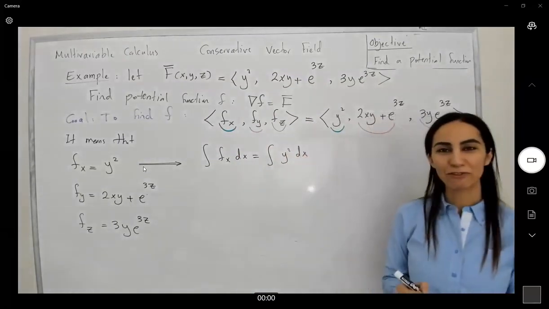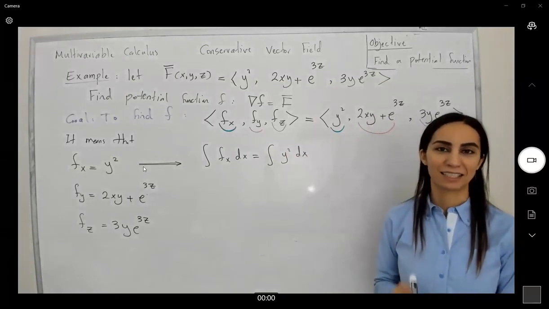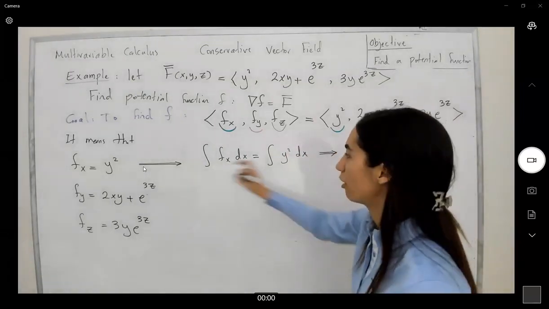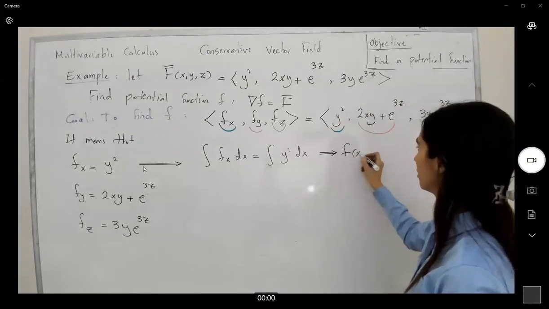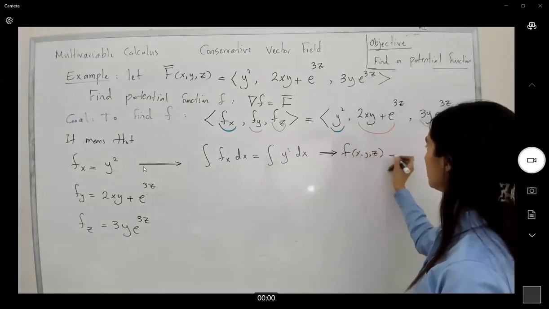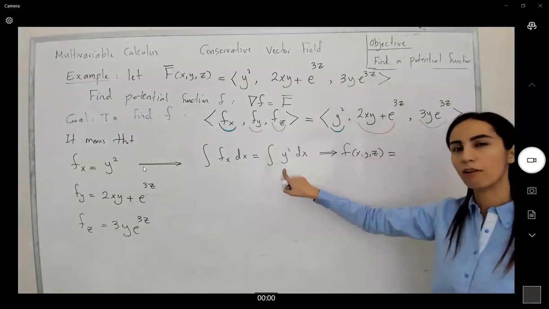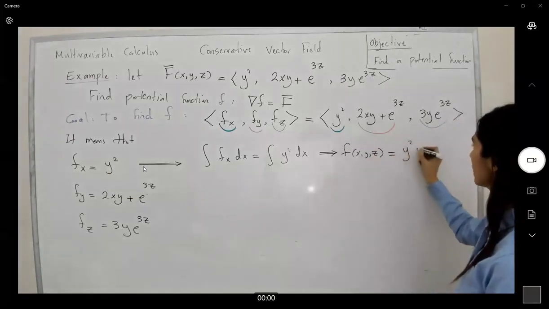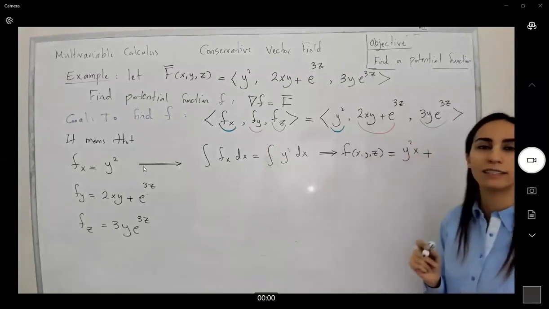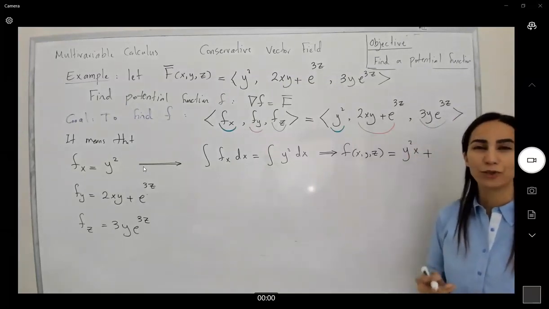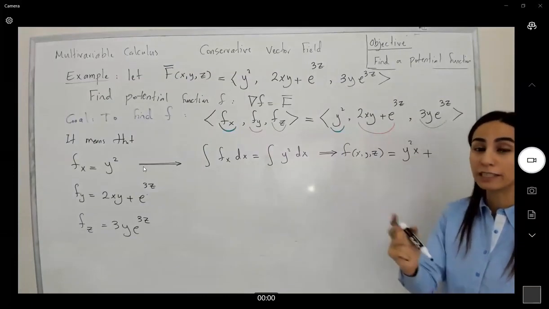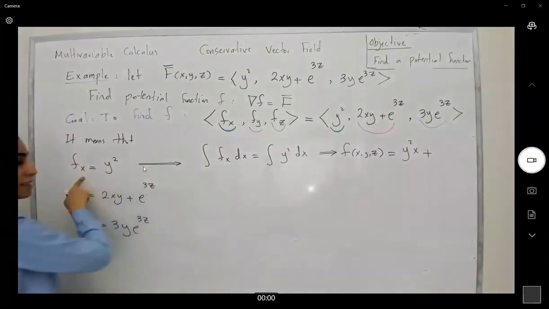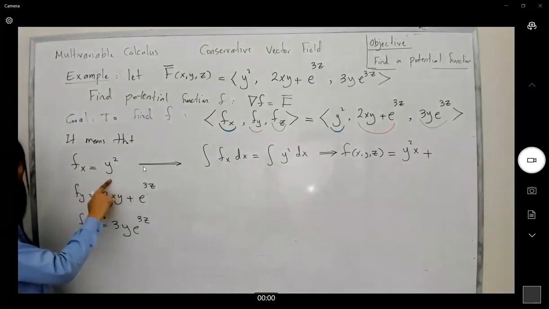What is important for you? The constant is important for you. This says the function f of x, y, z is equal to the integral of y squared with respect to x, which is y squared x plus a constant. Guys, here you have 3 free variables and we took the derivative with respect to x, which is equal to y squared.